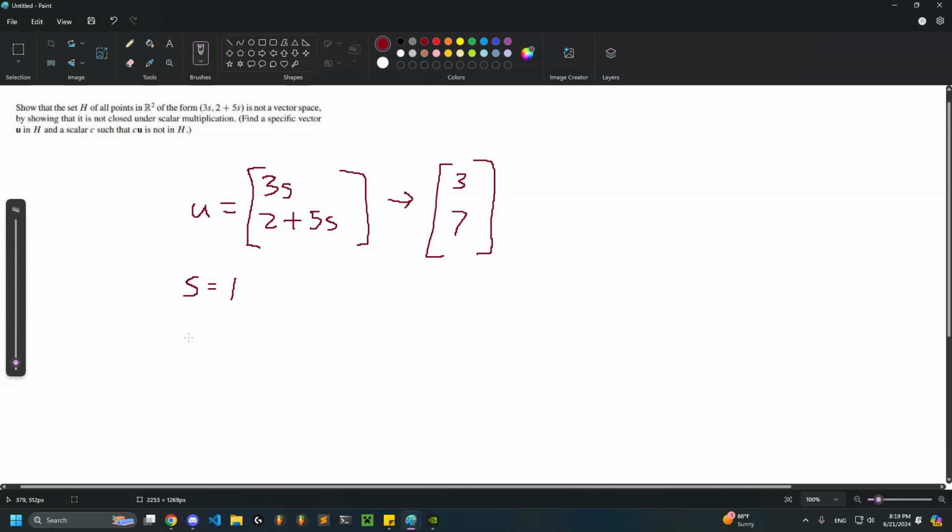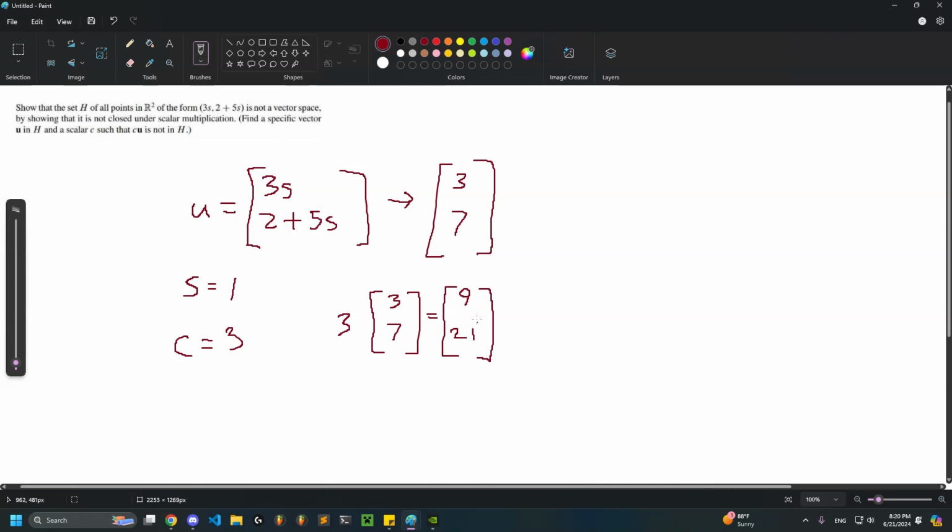Then we're going to choose some scalar, which we'll say is 3, or any number. So 3 times the vector 3, 7 is going to be equal to 9 and 21.